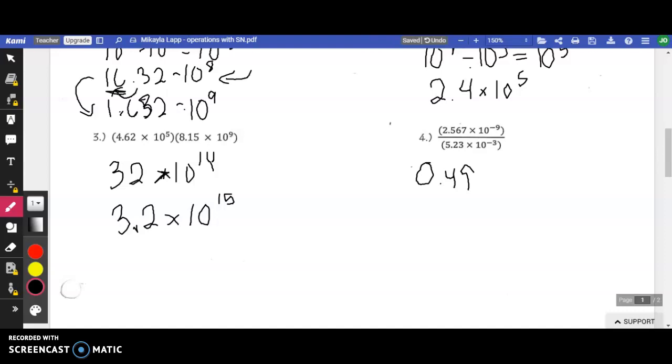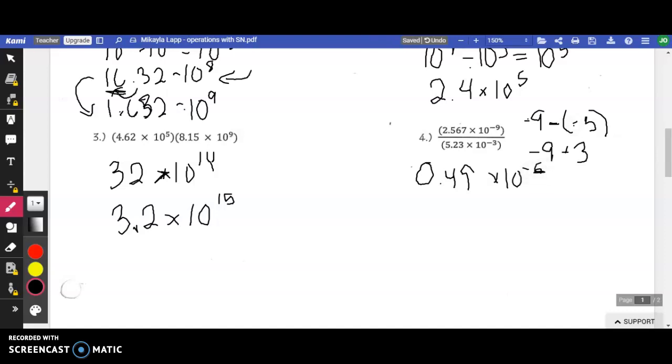Remember, we're going to subtract. So negative 9 minus negative 3 is the same as negative 9 plus 3, because we keep change, and we wind up getting negative 6. So it's times 10 to the negative 6th.